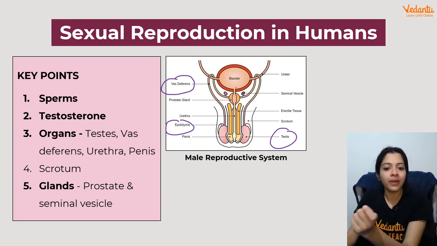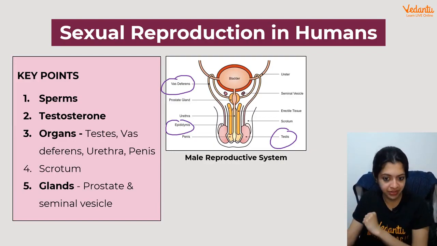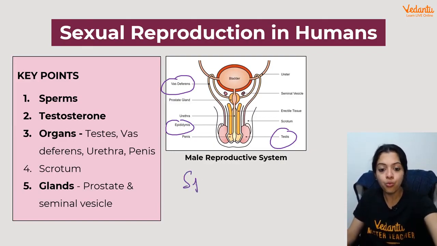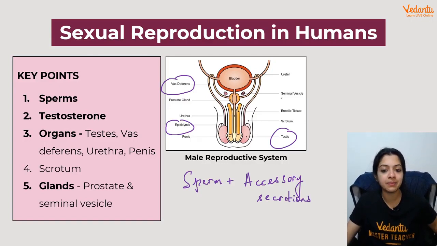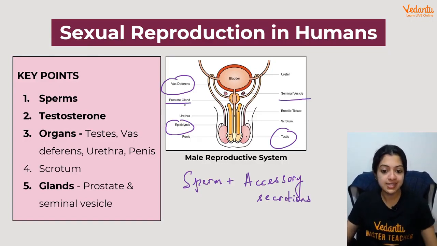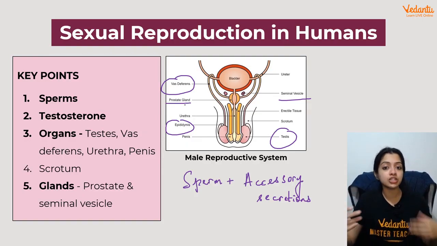But on the way through the vas deferens, the sperm would meet a lot of other accessory secretions, fluidy secretions, which are produced by the seminal vesicle, by the prostate gland, and all of these structures, which add a lot of fluidity and nourishment to the sperms.